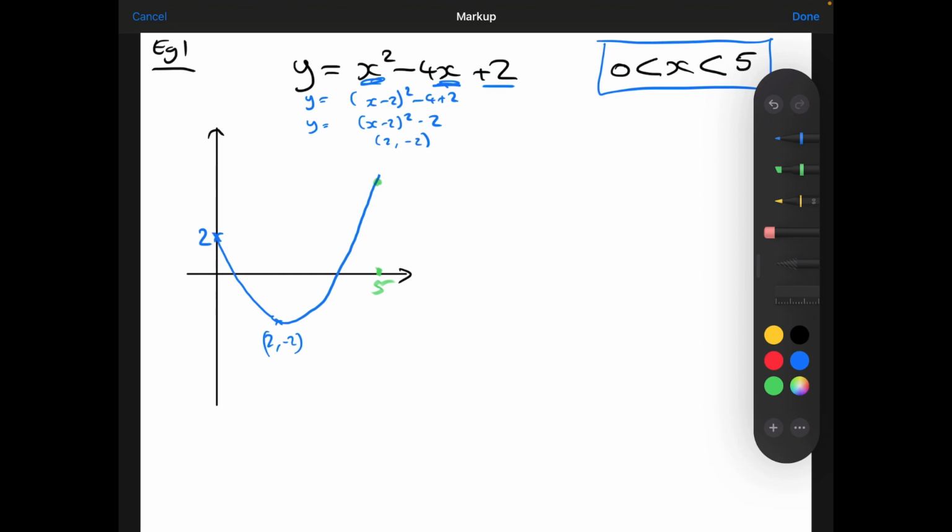I'm now looking to see what's the smallest value of y and what's the biggest value of y. So we start off with y being 2, we go down, down, down, down, down. When we get to this point here, that is the smallest value of y, which is minus 2.